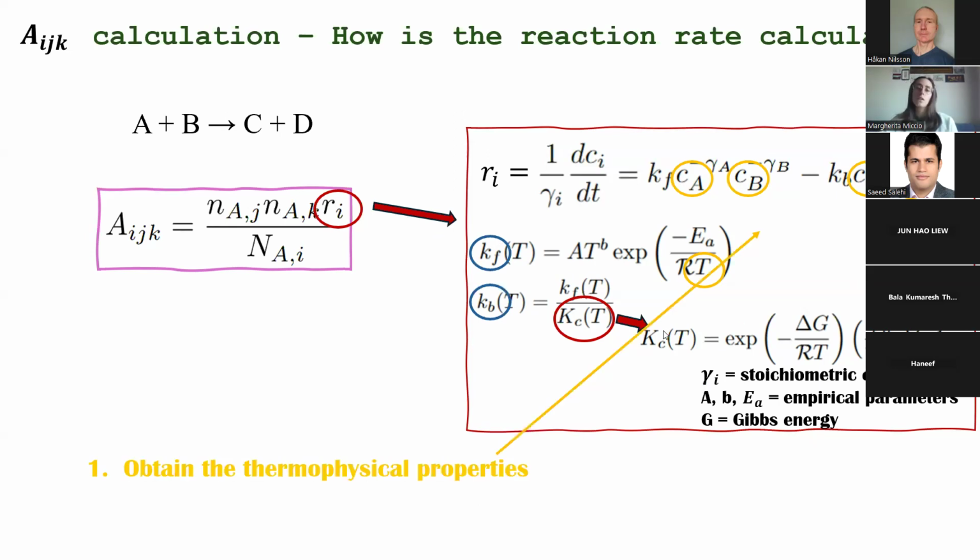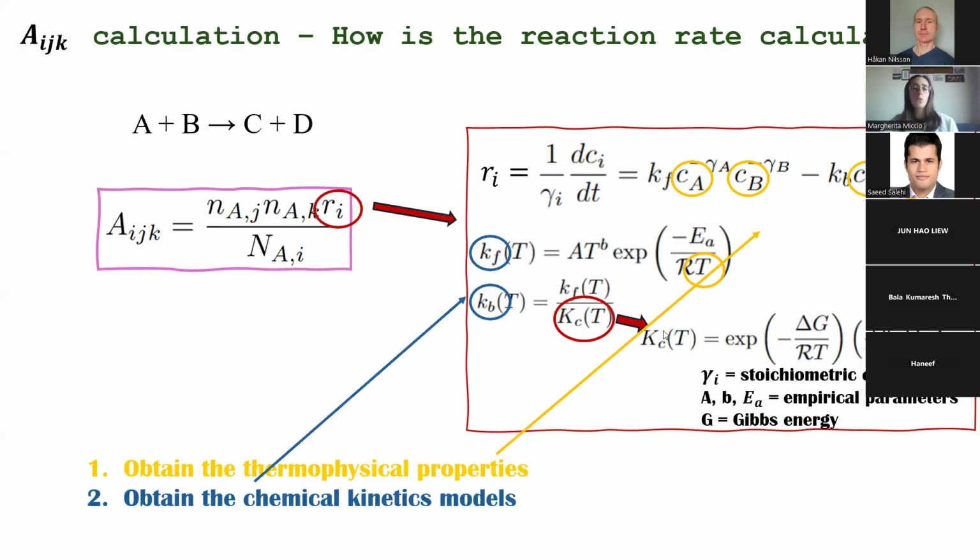So here we see that, first of all, we need to obtain the thermophysical properties of the mixture. Then we need to obtain the chemical kinetics models. And then, once we have all the information, finally we can calculate the reaction rate.